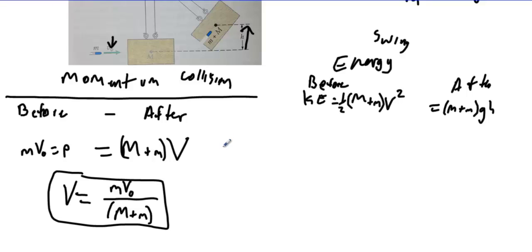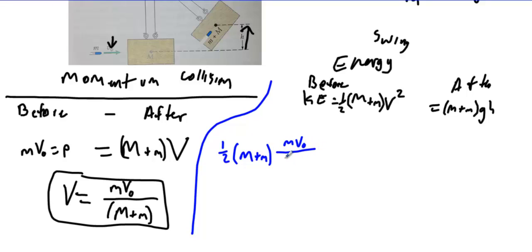So I have 1/2 mass, which is big M plus little m, times velocity squared. Now you've got to be careful with this. This is m v0 over big M plus little m, and this whole thing gets squared. This is equal to, according to my conservation of energy, big M plus little m times gh.